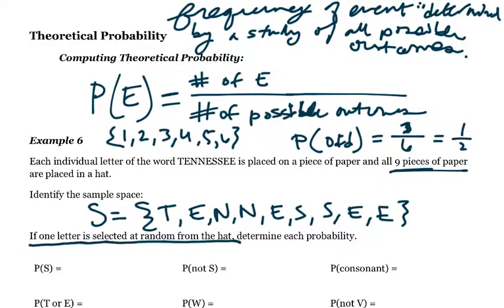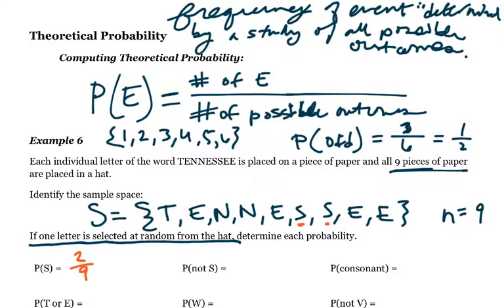Okay, so the number of possible outcomes is 9. But we're going to look at the probability of S being selected. We count how many S's there are. There are 2. So our probability of an S would be 2/9.